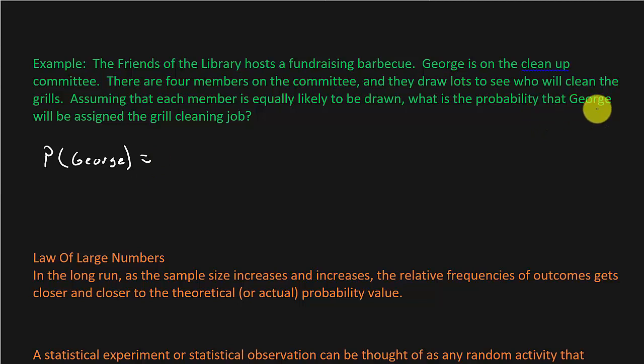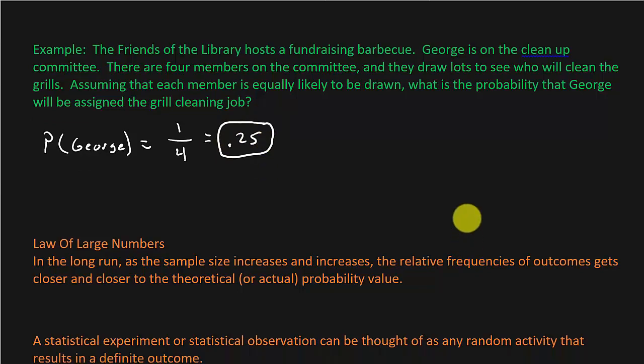What's the probability that George will be assigned the grill cleaning job? So that's 1 divided by the total number that we can pick from. Well, it says there are 4 members on the committee, so that's the total number, 4, which is equal to 0.25.